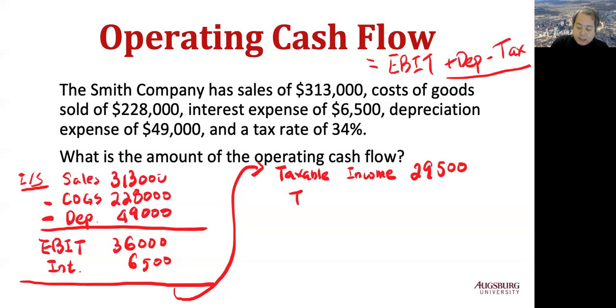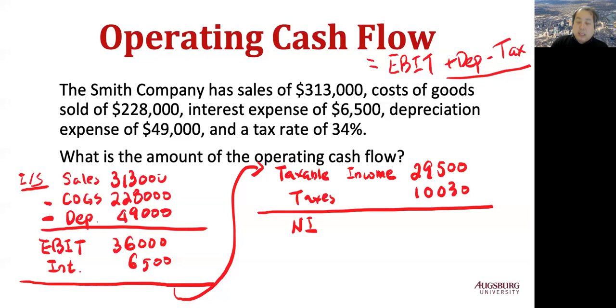Now taxes is 34% of the taxable income. So 29,500 times 0.34, which is $10,030. So the bottom line of income statement is net income, which is 19,470.